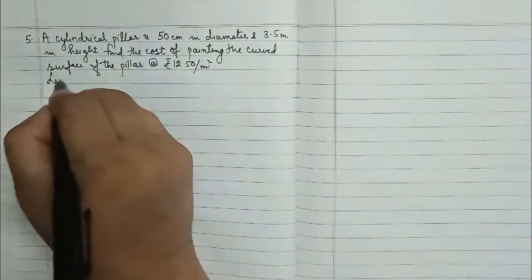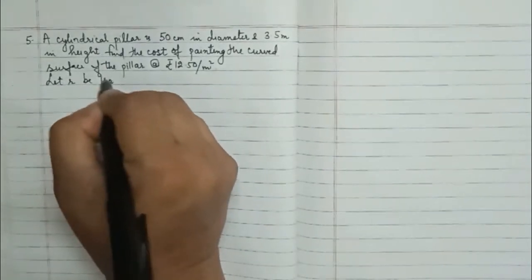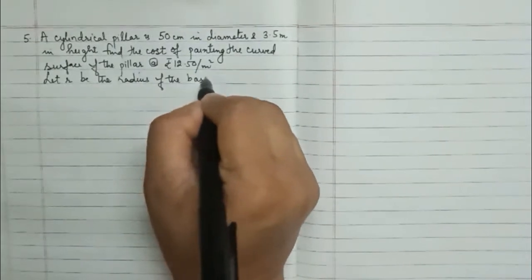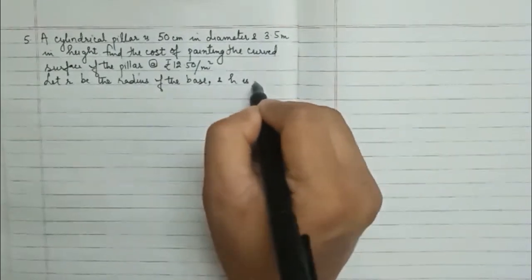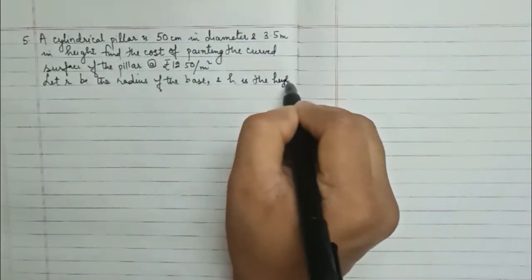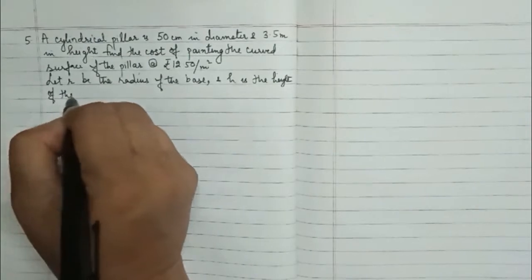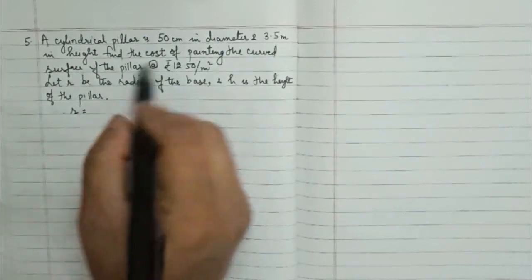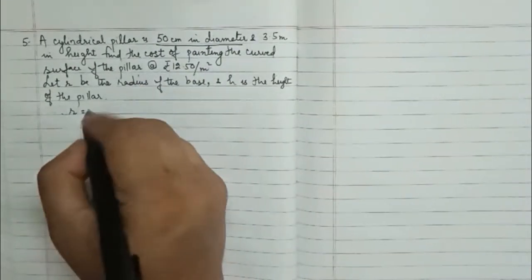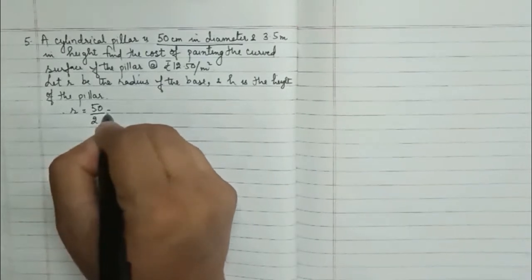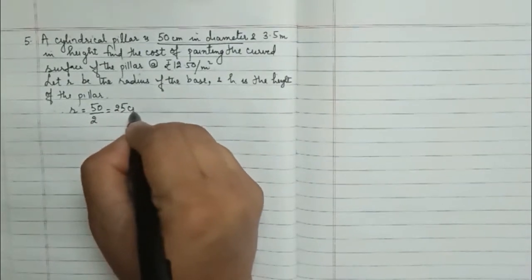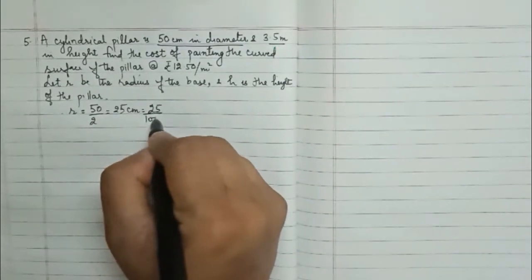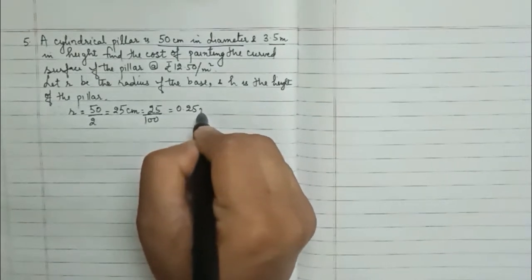So what is given? Let R be the radius of the base and H is the height of the pillar. Therefore, R is equal to, this is diameter, 50 centimeter in diameter. The radius will be equal to 50 divided by 2, that is 25 centimeter. And as the height is given in meters, we will convert it into meters. That is equal to 0.25 meters.